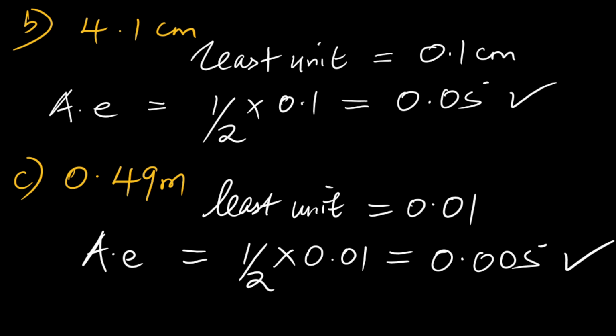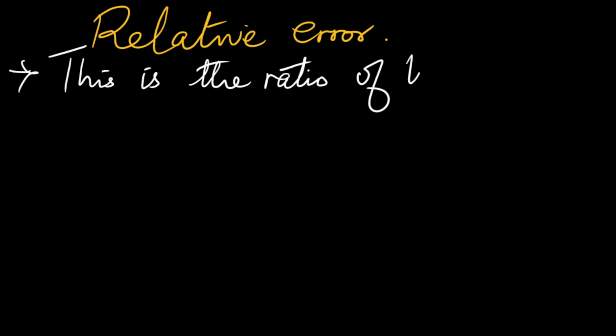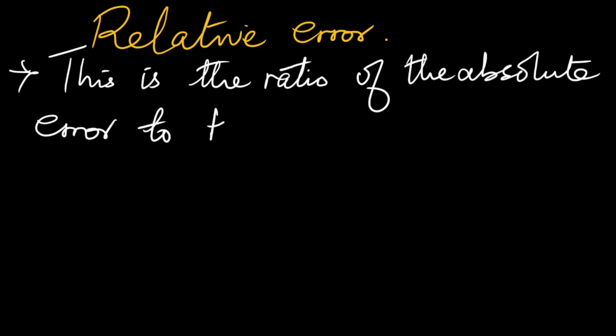Let's go to the second type of error, which is relative error. What is relative error? This is the ratio of the absolute error to the actual value.